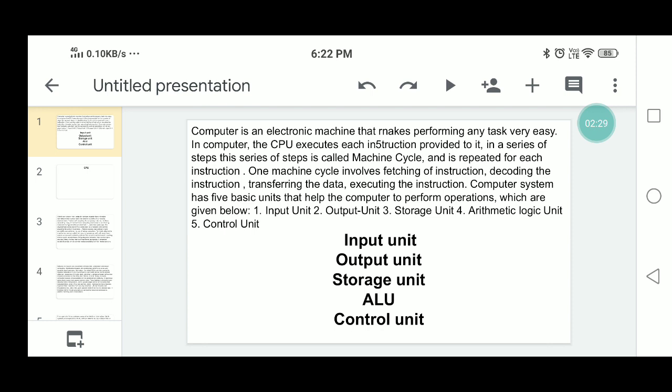First of all, we will discuss the input unit. What is the input unit?